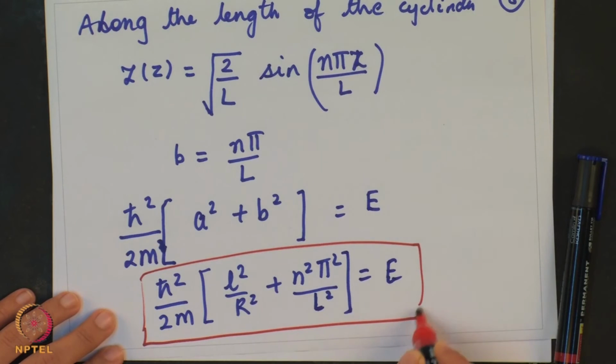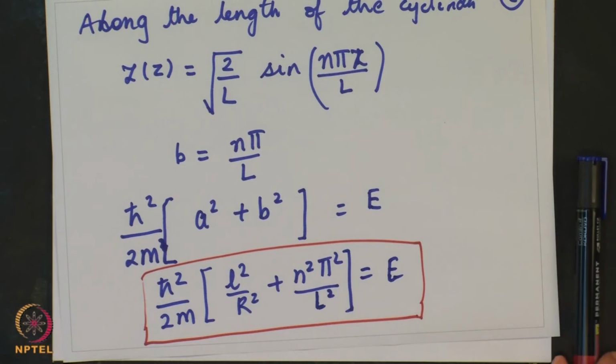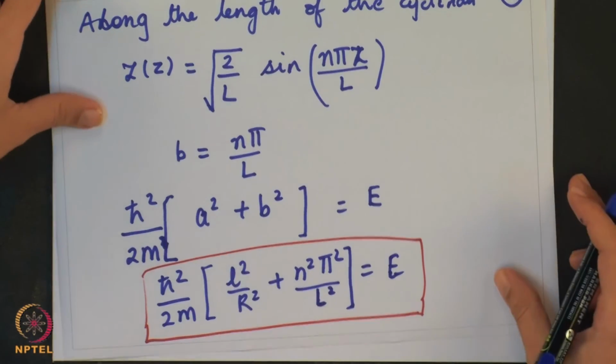And the wave functions you have seen. In the fifth problem, I will just illustrate a few steps here. The fifth problem is based on the attractive potential in one dimension.